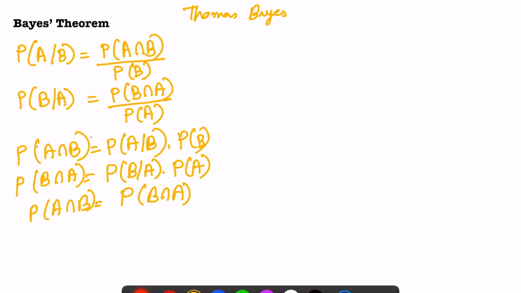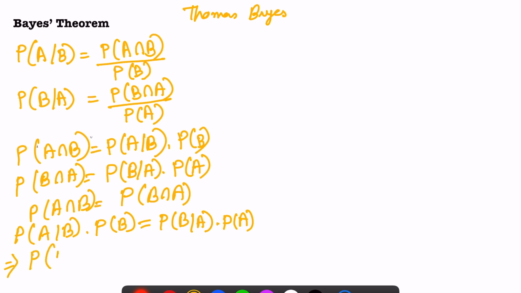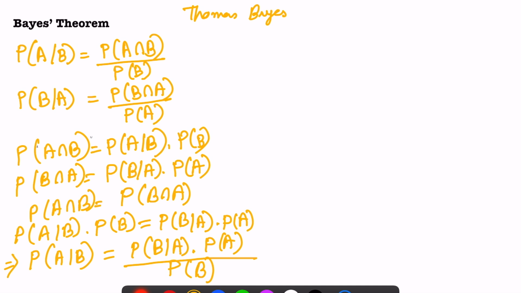So we can write that these two are equal. The probability of A given B multiplied by the probability of B is equal to the probability of B given A multiplied by the probability of A. And then we can derive that the probability of A given B is the probability of B given A multiplied by the probability of A divided by the probability of B. And this is the Bayes theorem.